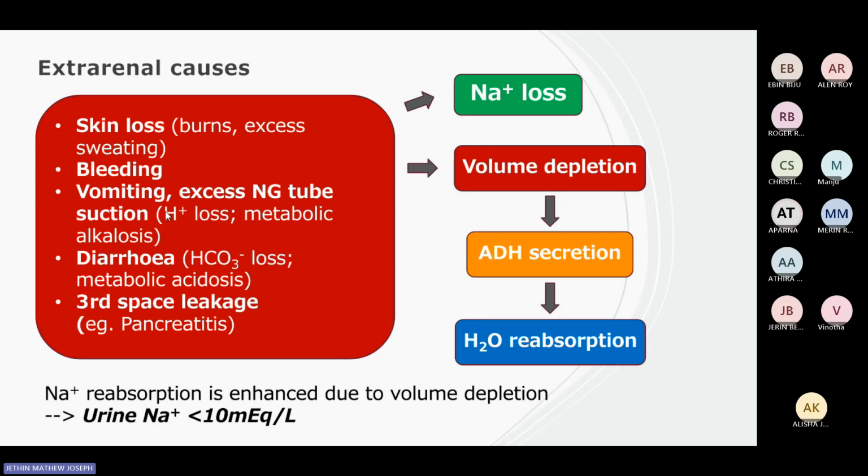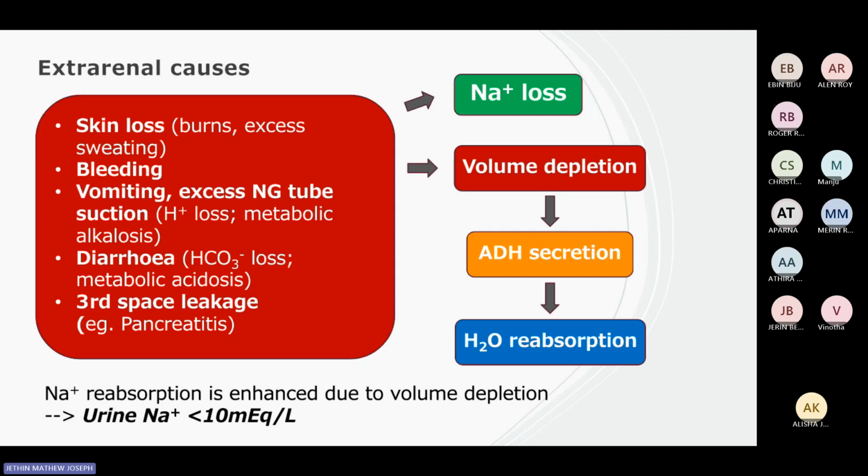Just a note here: we've included vomiting and excess NG tube suction. Sometimes in acute cases of vomiting, the urine sodium can be high, but that will settle later. The reason is that initially, because of vomiting, you'll have acid loss, and the kidney, to compensate for that, will try to excrete bicarbonate. When the kidney is secreting bicarbonate, it also secretes sodium along with it.